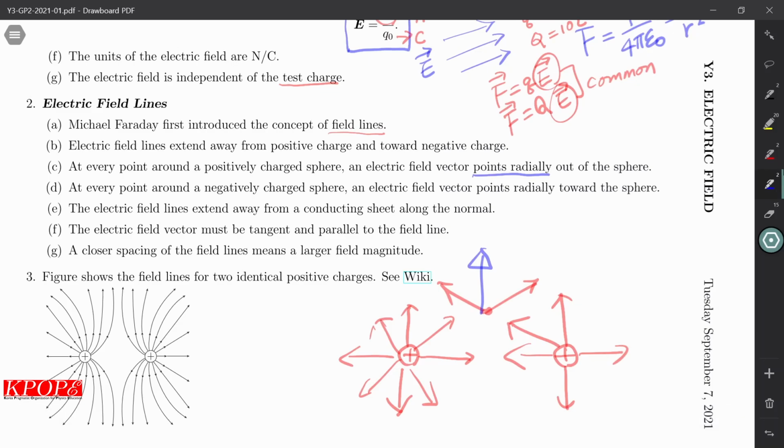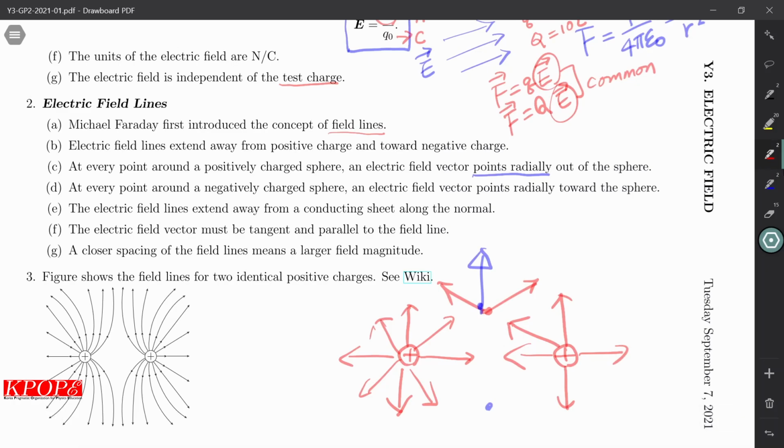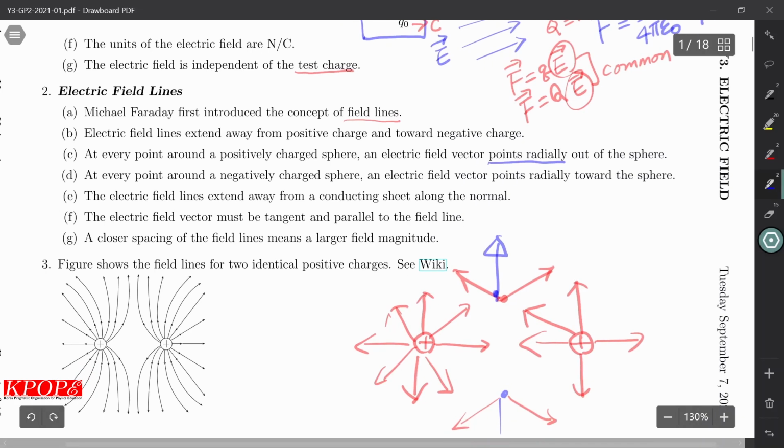So in the middle, in this place, the electric field line extends away. In a similar manner, at this point, the electric field due to the right charge is this, the electric field due to the left charge is this, and the resultant electric field is like that.